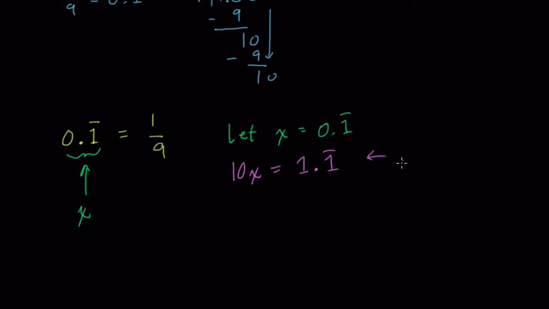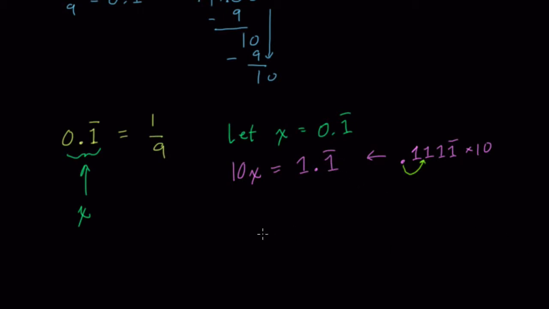If you take 0.1 repeating, it's really 0.1, 1, 1, 1, and so forth, and then multiply that by 10, what's going to happen to the decimal? Well, when you multiply a number by 10, the decimal moves once to the right. It becomes larger. But there are more ones to deal with. In fact, there are infinite ones. It's a repeating decimal. So really, when your decimal moves once to the right, you get 1 point, and then all the repeating ones after that.